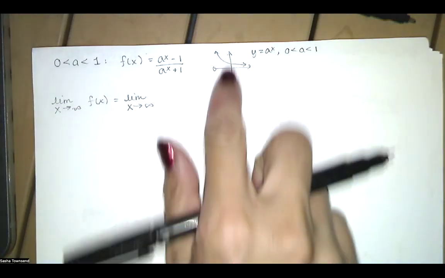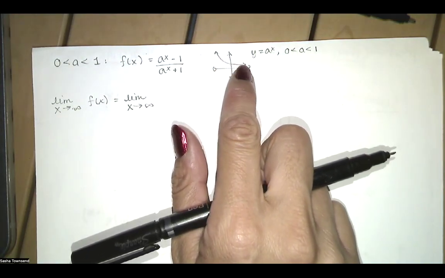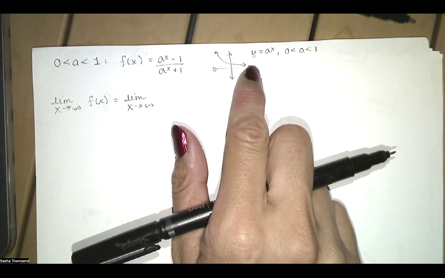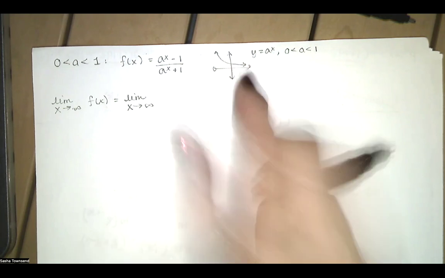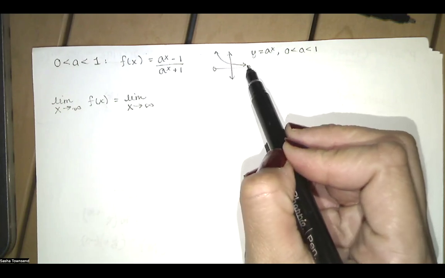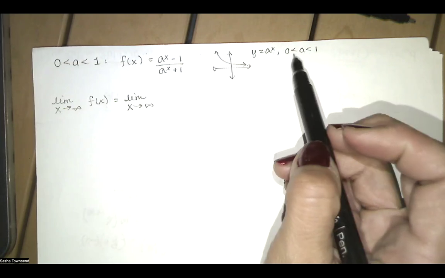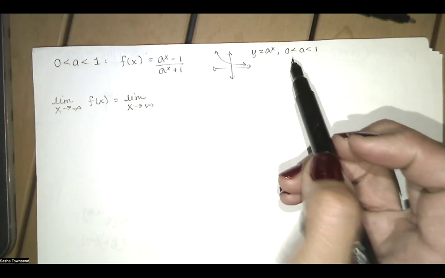I think of 1/2. If I keep multiplying by 1/2, that function value is going to be half as large as it was a second ago, and then half as large as it was the last time. You just keep multiplying by 1/2, so the values of the function as you go from left to right just keep getting smaller and smaller. That will be true for any proper fraction between 0 and 1.